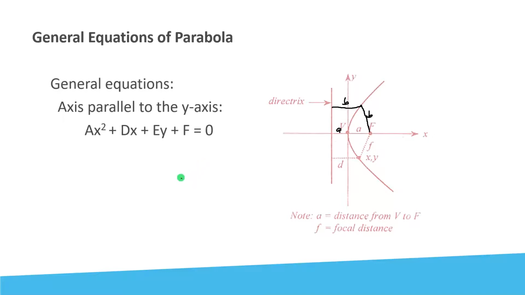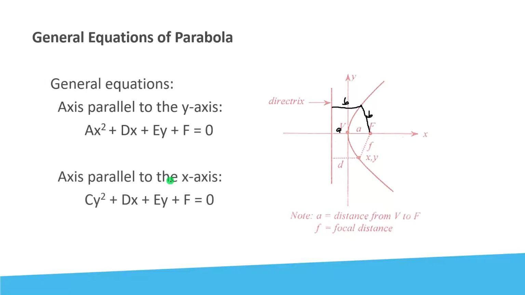So if the axis of the parabola is parallel to the y-axis, this is your equation where x is the second degree, and for the axis parallel to the x-axis, your term which has a variable y has a term which is in the second degree.